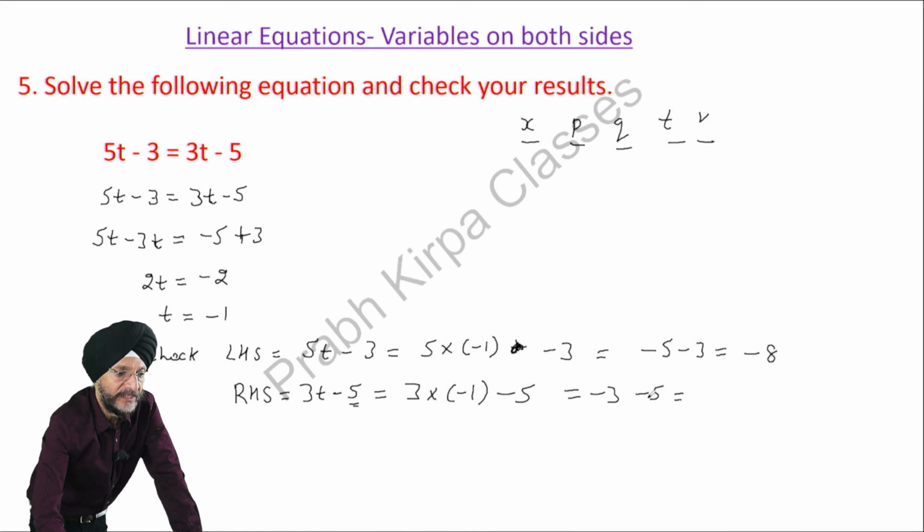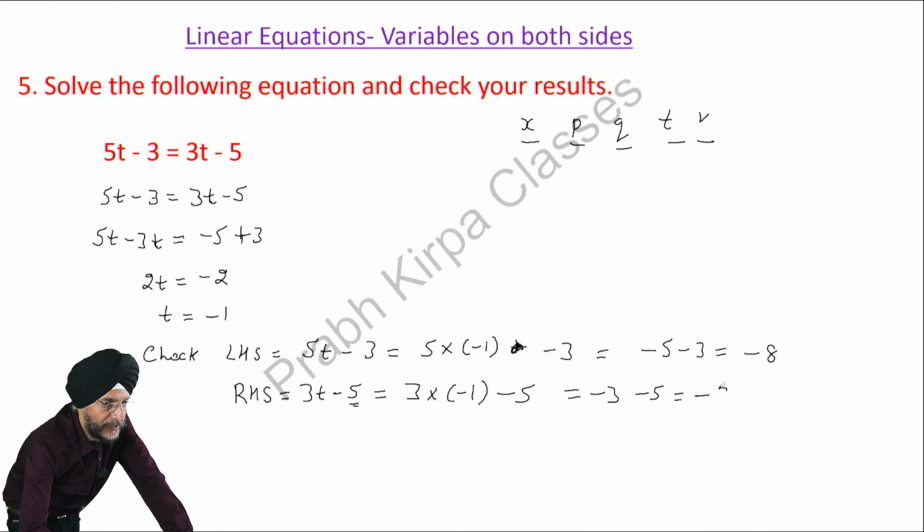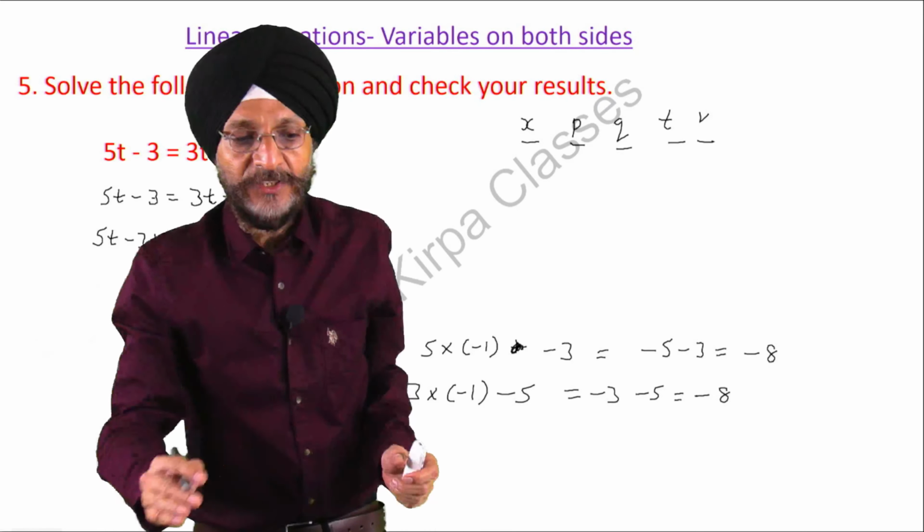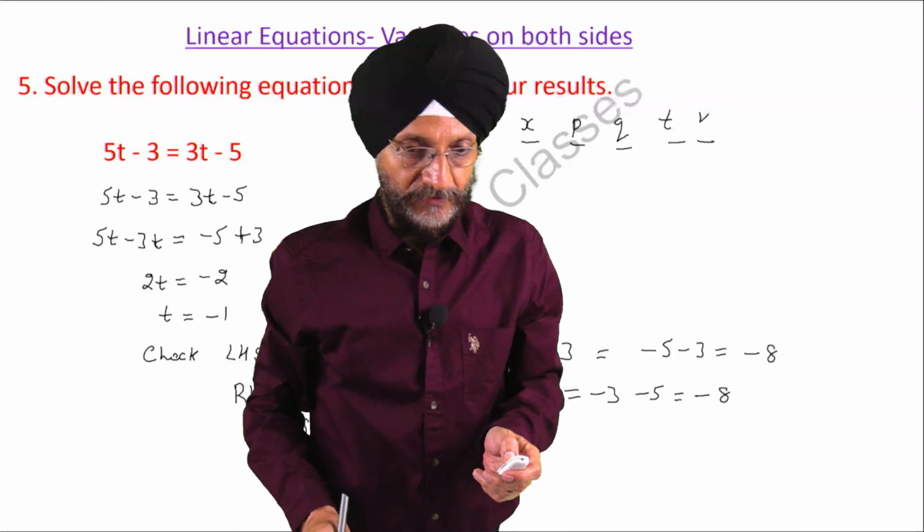When we add minus 3 and minus 5, it becomes minus 8. So left hand side minus 8, right hand side minus 8. Left hand side is equal to right hand side. Hence, verified. That is, the value which we had calculated is okay.